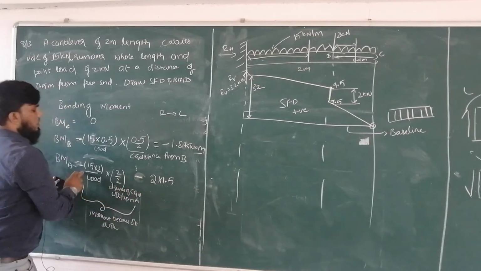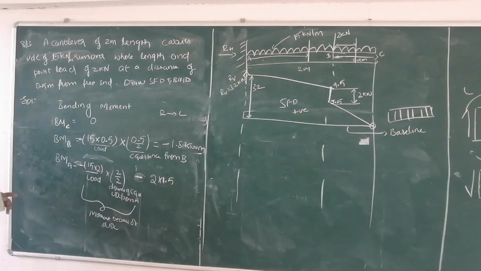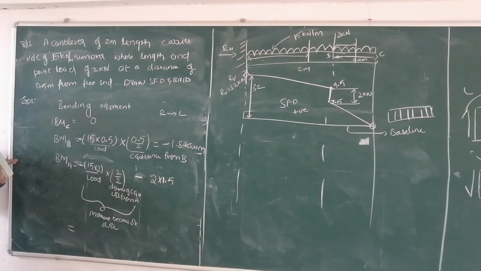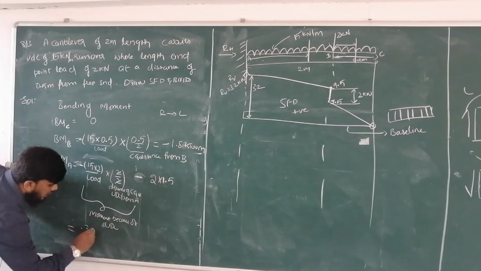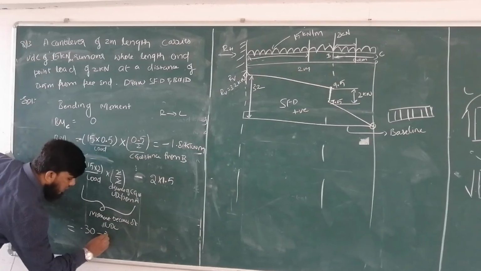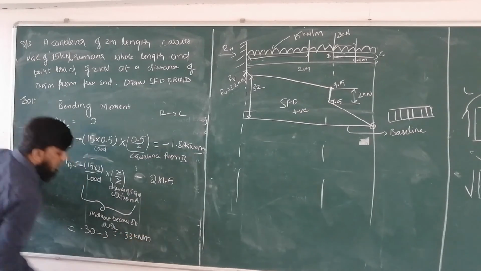Both are clockwise. Please keep concentration on signs. So minus 30, minus 30, and 50 into 1.5 into 2 is 3. Total is minus 33 kilonewton meter.